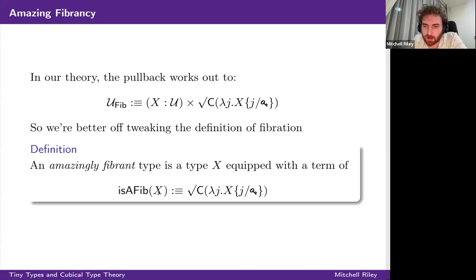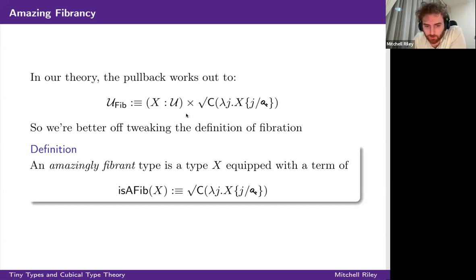We're not saying that X is fibrant as a type family over some other type which we're thinking of as the context. Rather, the thing that we're fibrant over has now faded into the background. We're now fibrant over the ambient, unmentioned context, which the tiny type is now exactly what's letting us refer to.